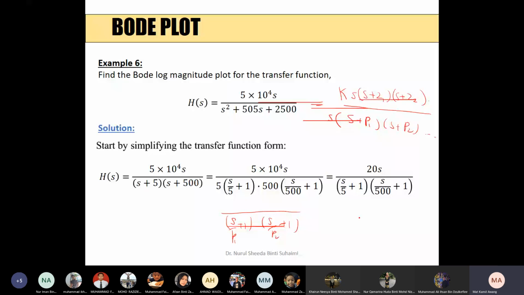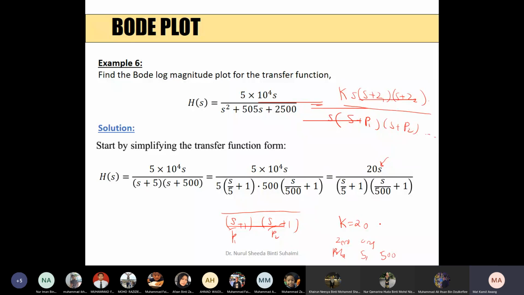So basically now you have k times s over (s over p1 plus 1)(s over p2 plus 1). So basically you have k is 20, you have a zero at the origin, and you have poles at 5 and 500.